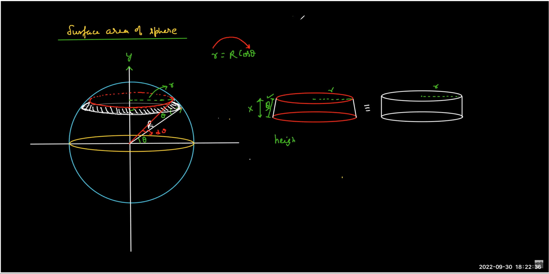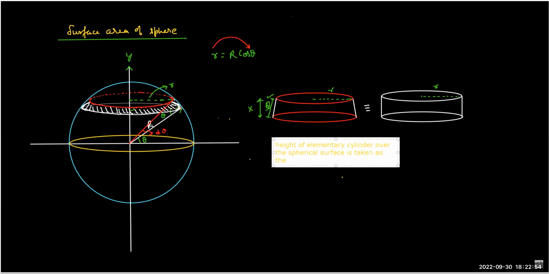The height of the elementary cylinder over the spherical surface is taken as the slant length instead of the vertical length while calculating area.